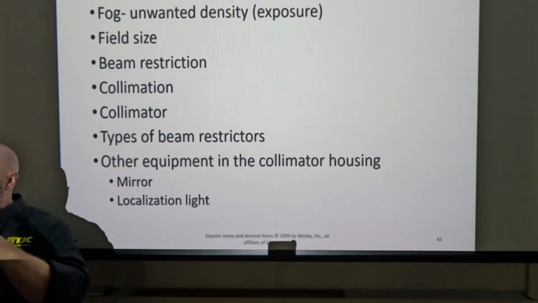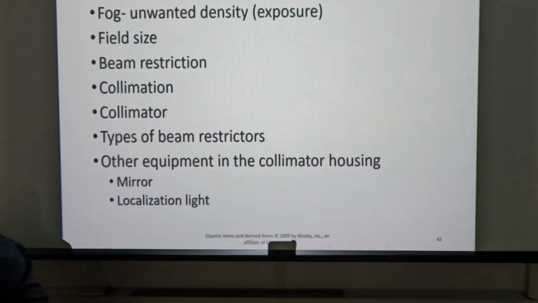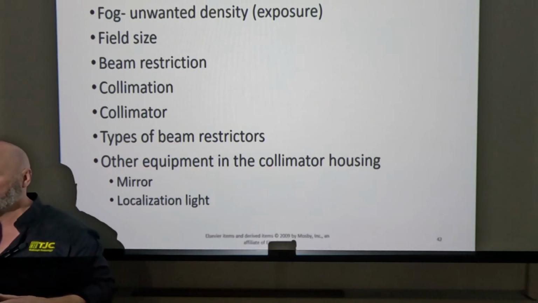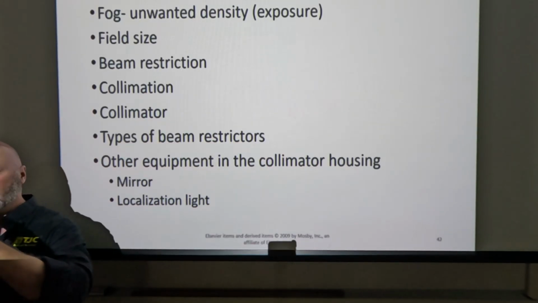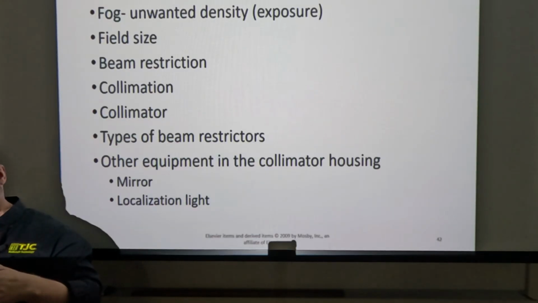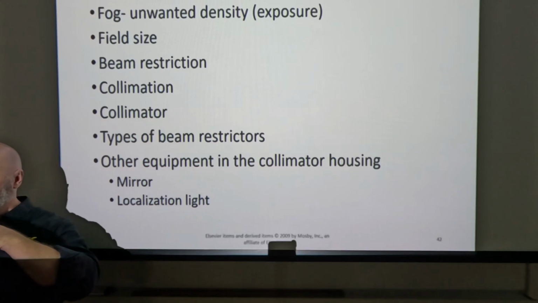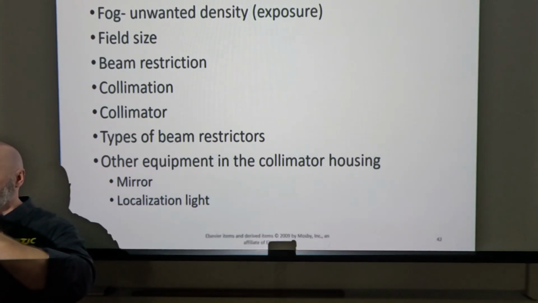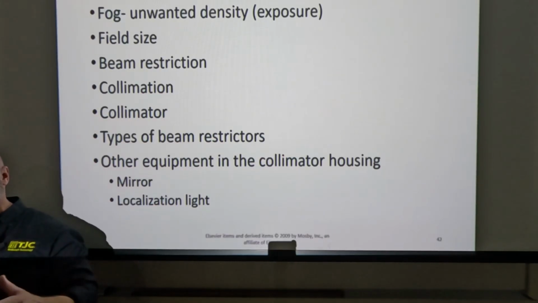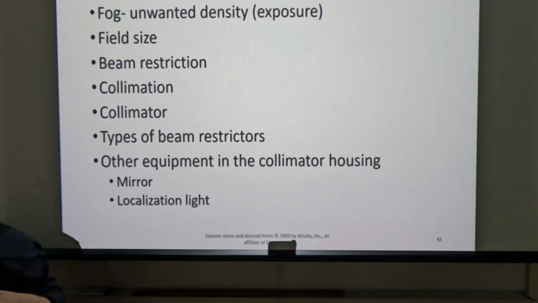All right, so some of the quality control checks that we have to do are the accuracy of our radiation field compared to our light field. We'll get deeper into this next semester, but sometimes because of rough handling, that mirror can slip a little bit. So if it's not at 45 degrees, it's more horizontal. What that's going to do is misrepresent your radiation field. Your radiation field and your light field should be almost identical.